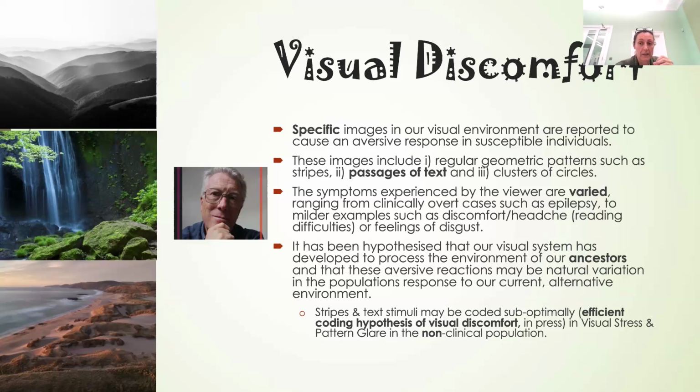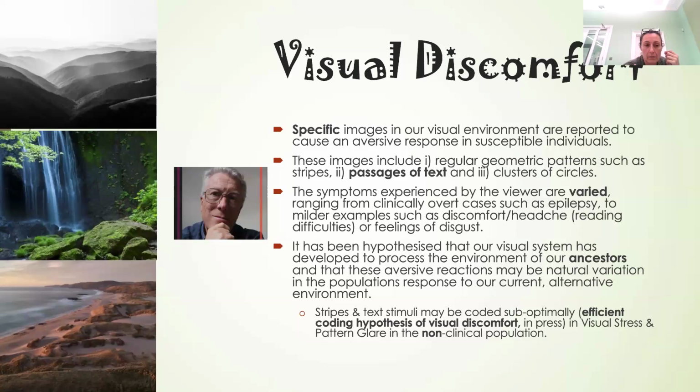The symptoms experienced by the viewer are varied, and they range from clinically overt symptoms such as epilepsy and migraine to milder examples of discomfort and headaches, which would lead to reading difficulties and aversion in the playground, or feelings of disgust in school. It's been hypothesised that our visual system has developed to process the environment of our ancestors, our natural environment, and that these aversive reactions are down to a natural variation in the population's response to our current artificial environment, essentially.